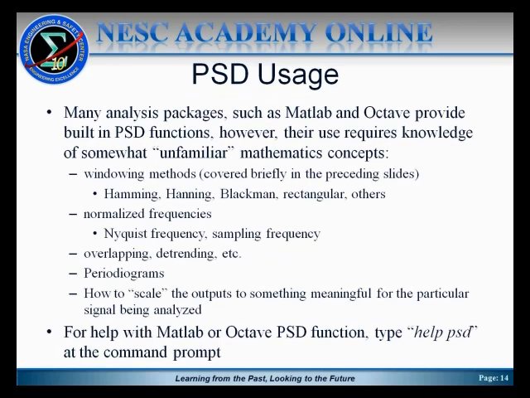So if you get a PSD out and it comes out in units squared per hertz, how do you convert that back into something like volts or degrees per second, or whatever the signal might be that you're processing? As I mentioned before, if you're using MATLAB or Octave, at the command prompt you can type help PSD and you'll get some definition of how to use some of the arguments inside the PSD function. As I mentioned earlier, we'll have a demonstration for that coming up.